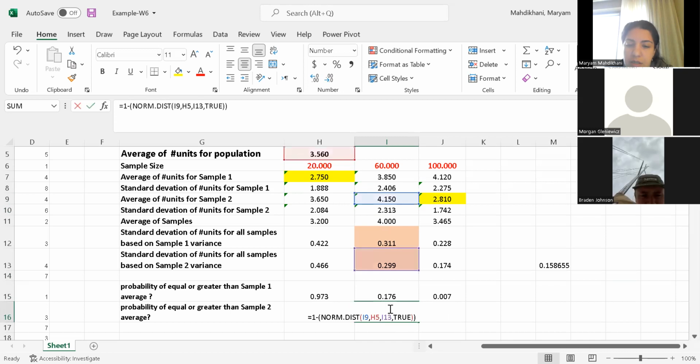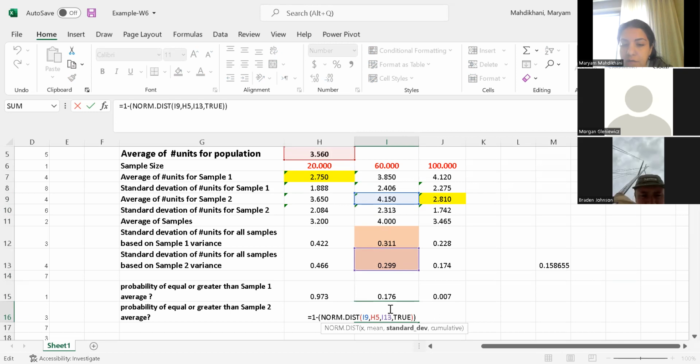So again, I calculate that by using the cumulative normal distribution formula in Excel. 1 minus the NORM.DIST, X would be the average of my sample 2, comma, the average of my whole population, comma, the standard deviation of my sample 2, and then true, close the parentheses, enter.